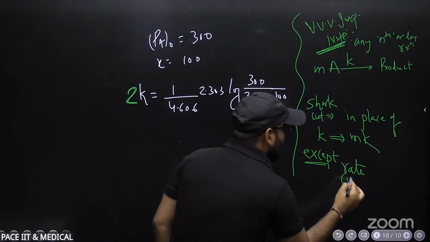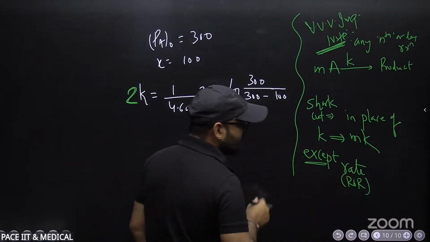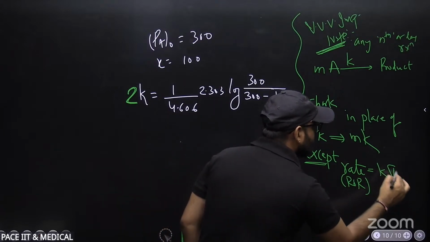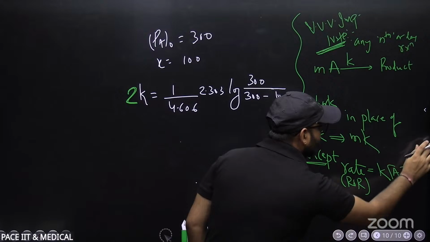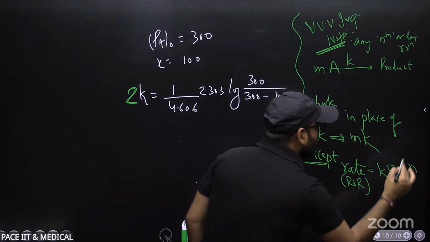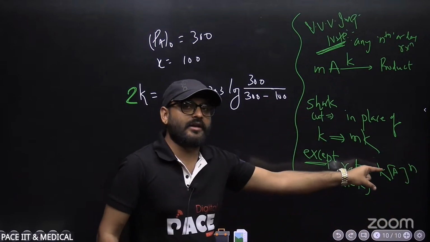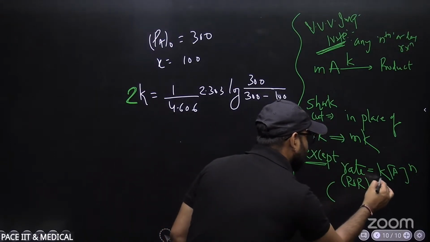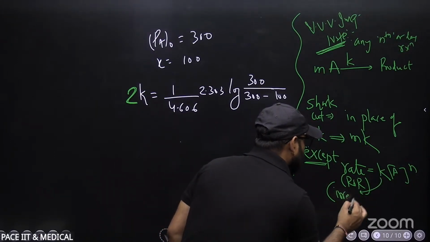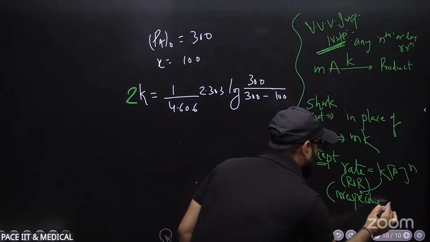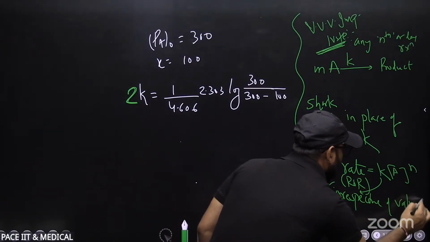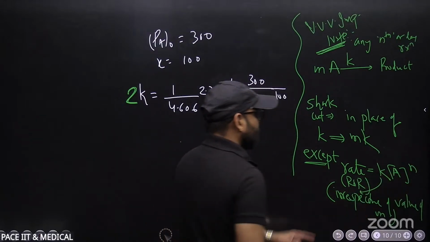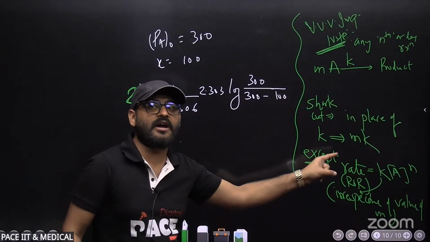Rate means ROR, which is k into the concentration of A to the power n. Here you don't have to write mk, just k, irrespective of the value of m. Whatever the value of m, just write k while writing rate. Rate means ROR.